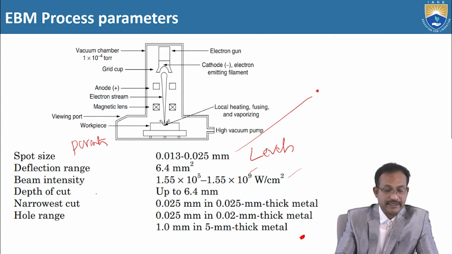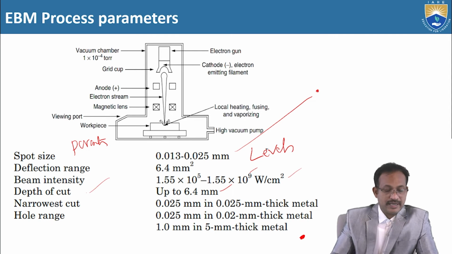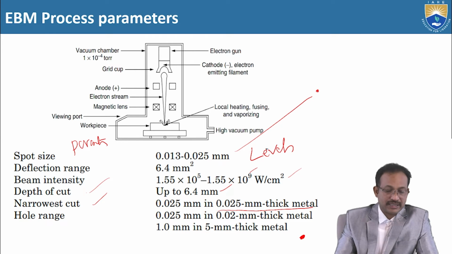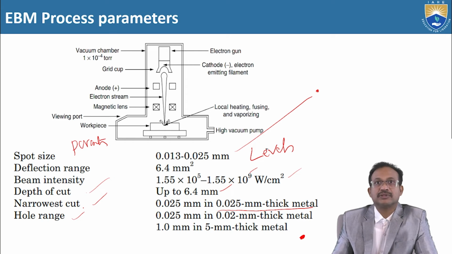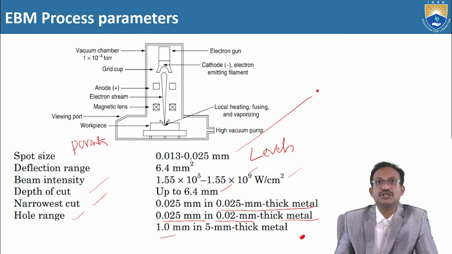Depth of cut: the beam can reach a depth of 6.4 millimeters. Next, narrowest cut, 0.025 mm in 0.025 mm thick metal. Next, hole range: 0.025 mm in 0.02 mm thick metal, and 1.0 mm in 5 mm thick metal.